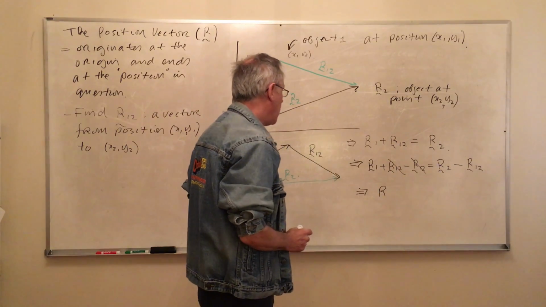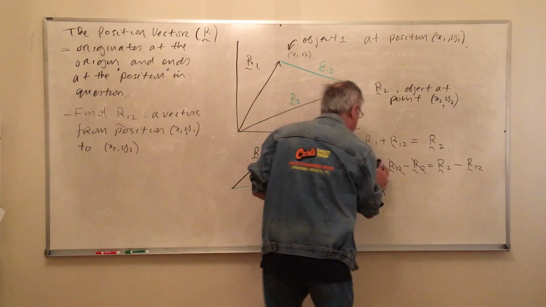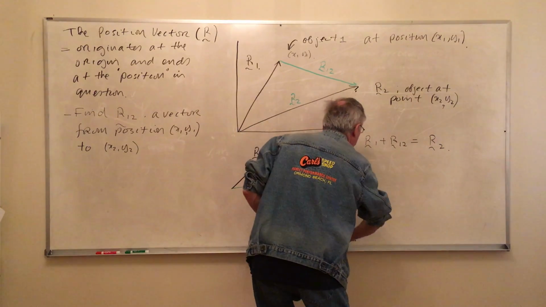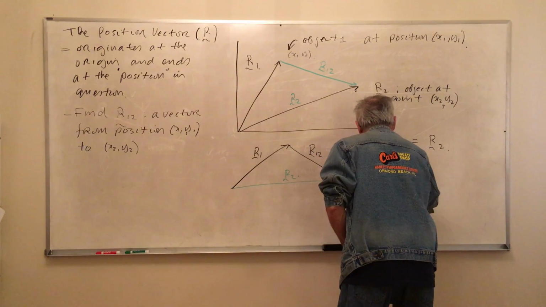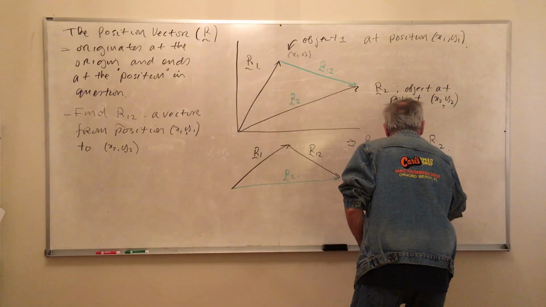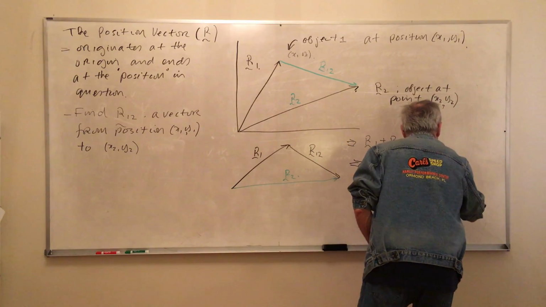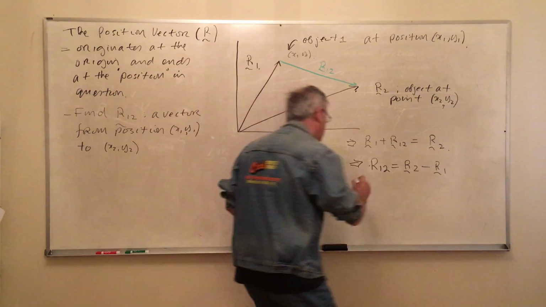Actually, I didn't mean to do it that way. We're going to subtract again. Let me do it slightly different. I'm going to subtract R1 from both sides. Gives the same thing, except that R1 is in that position. So therefore, this is our result.